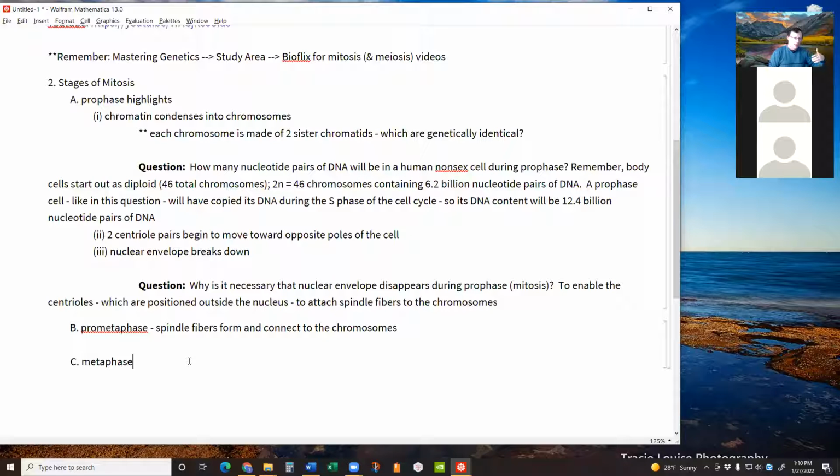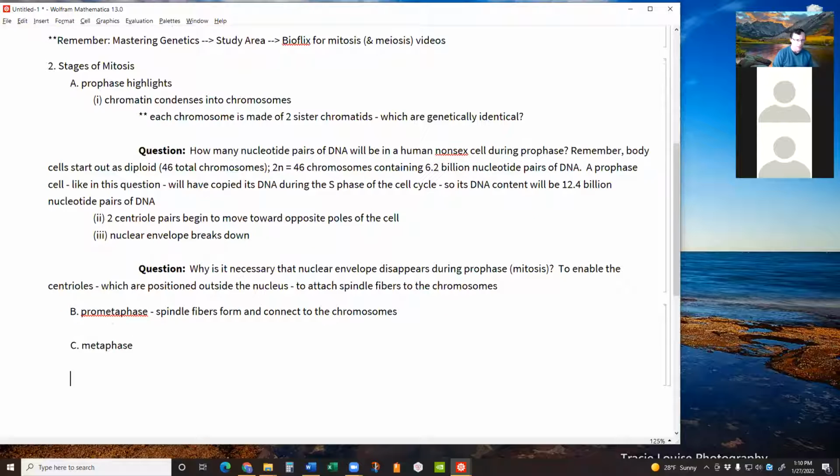Typically what we say here is that spindle fibers are used to push or pull, because it can depend on the position of the chromosome, whether you're going to push something away from the center or whether you're going to pull it back closer to the center.